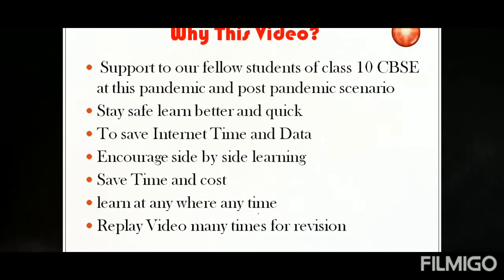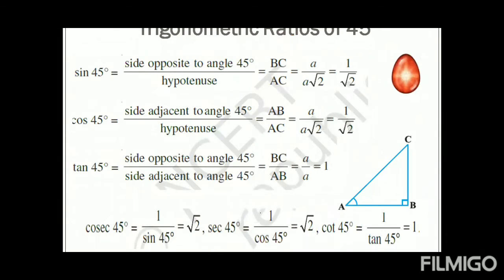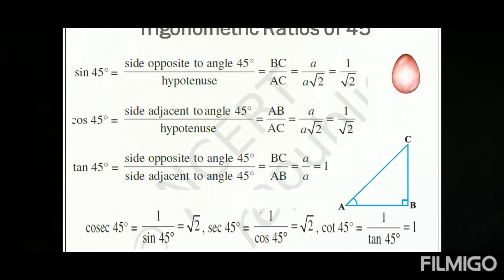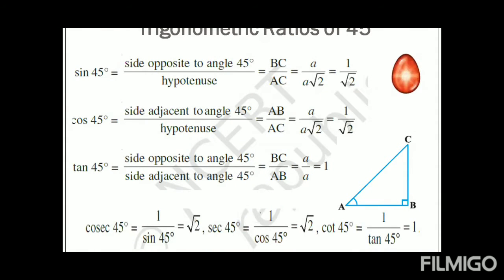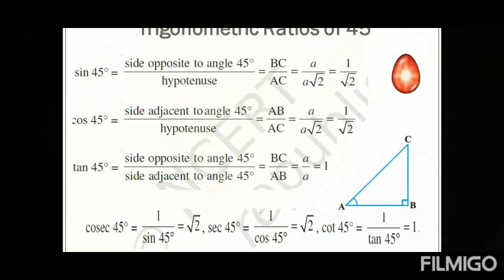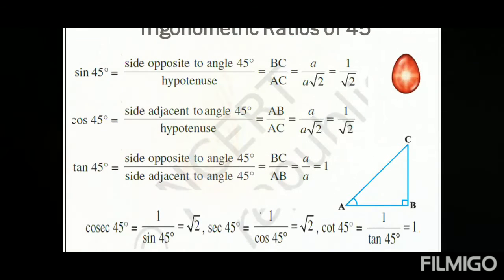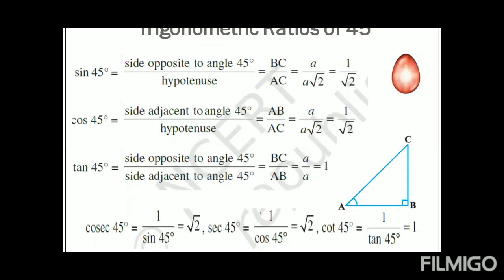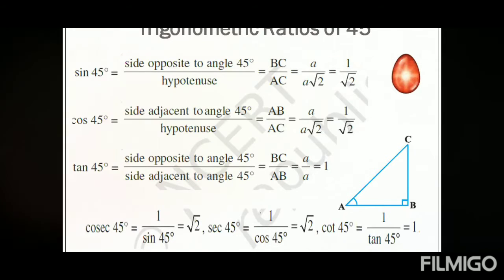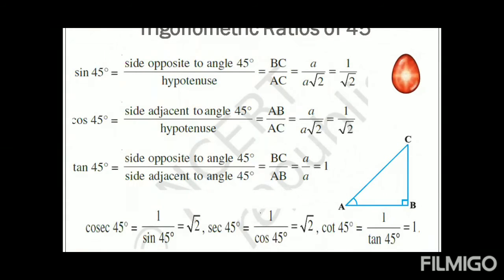Okay, let's move on. So today we are going to learn about trigonometric ratios of some specific angles. The specific angles are 0 degrees, 30 degrees, 45 degrees, 60 degrees, and 90 degrees. Now let's begin.